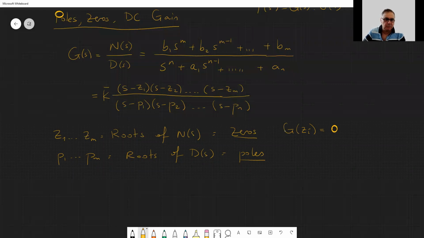And at the value of the pole, G of pi is infinity. So if s is equal to pi, the transfer function will be equal to infinity. It doesn't have a physical meaning. That's why we call them zeros and poles, actually.